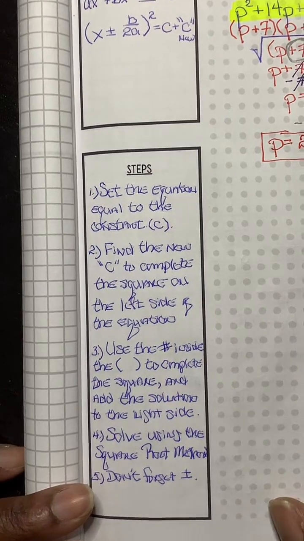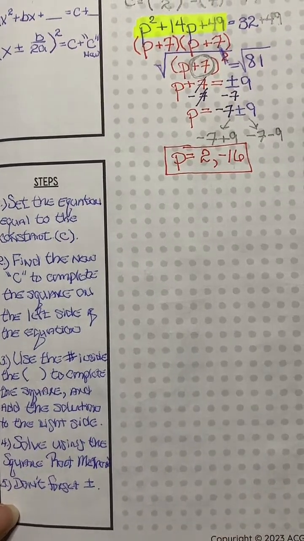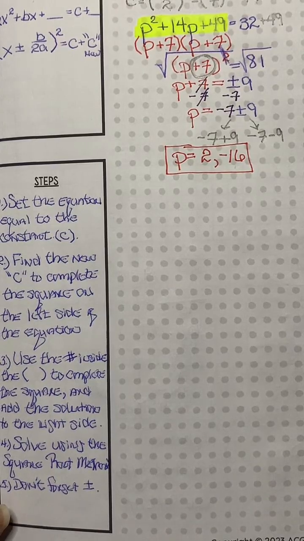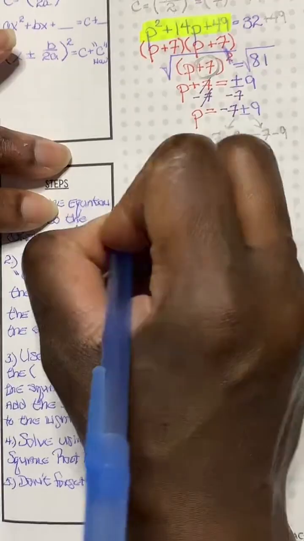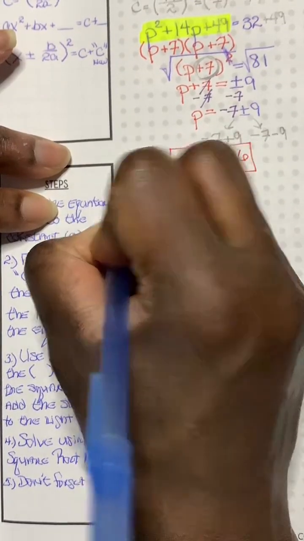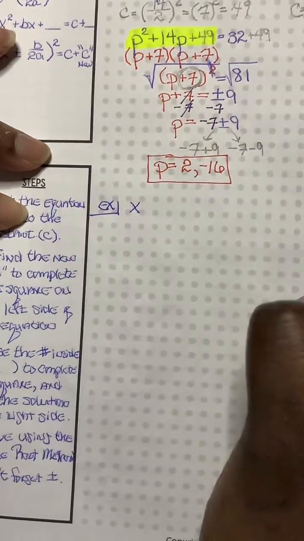Okay. All right, so let me slide this over. And let me get my pen situated. All right, so if we have x squared, can y'all see that?